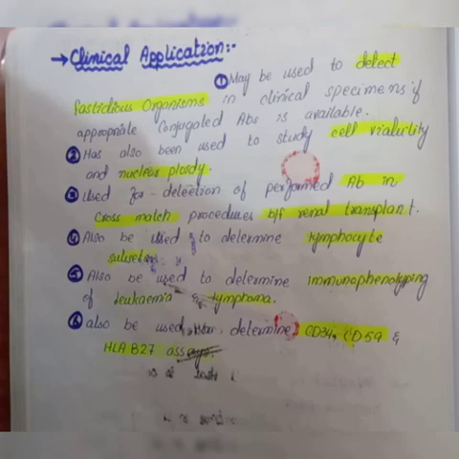It can also be used to study cell viability and nuclear ploidy. It can also be used for the detection of antibodies in a cross match before a renal transplant. It can also be used to determine lymphocyte subsets. It can also be used to determine the immunophenotyping of leukemia or lymphoma.